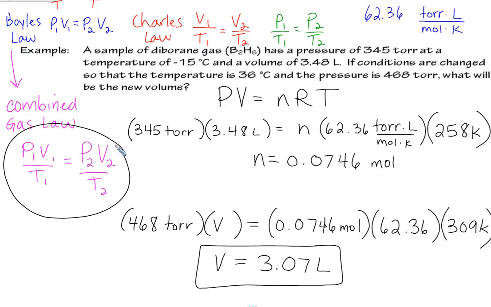You've got your initial pressure, volume, temperature, and then your final conditions. And you could have solved for the final volume that way as well. But I set it up like this only because it might be your first thought if you were solving this on an AP test, just because you won't necessarily have that combined gas law right at your fingertips.